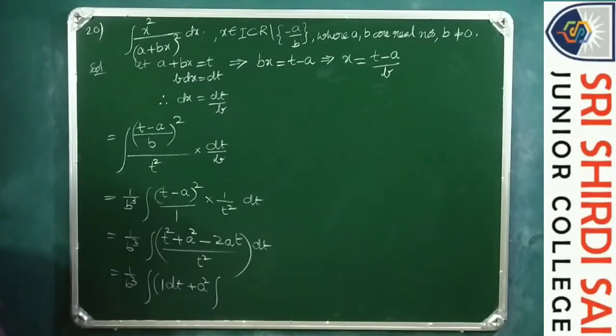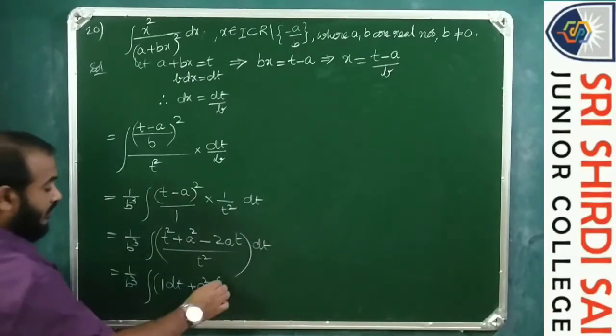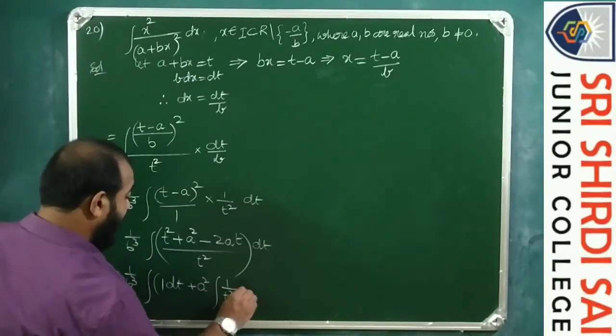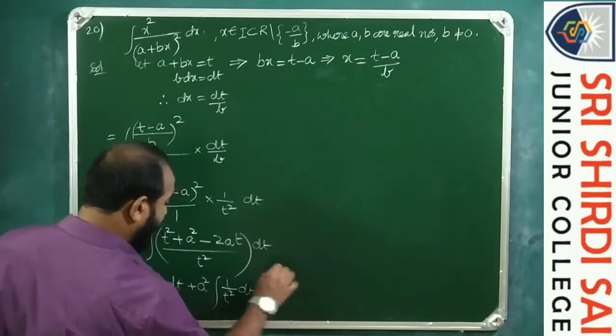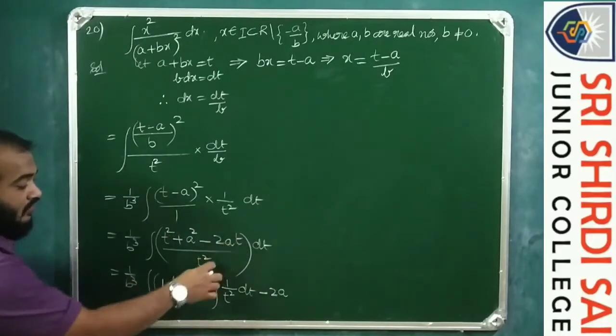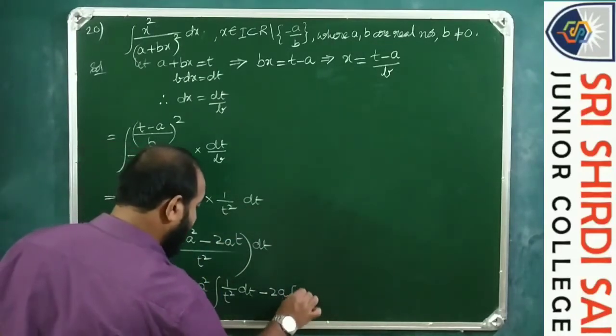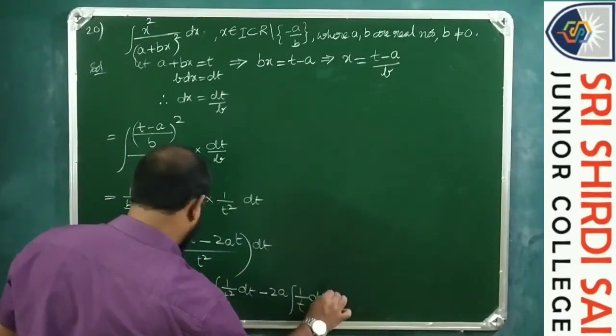A square if you separate from the process of integration, this is integral 1 by t square dt, minus 2a separated from the process of integration, t by t square is 1 by t. So this is integral 1 by t dt.